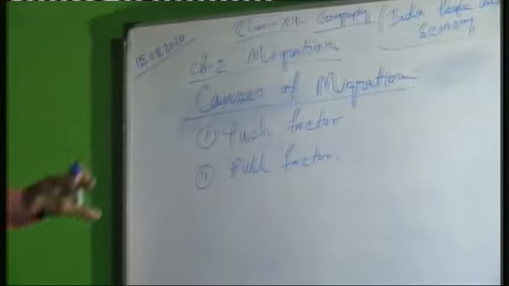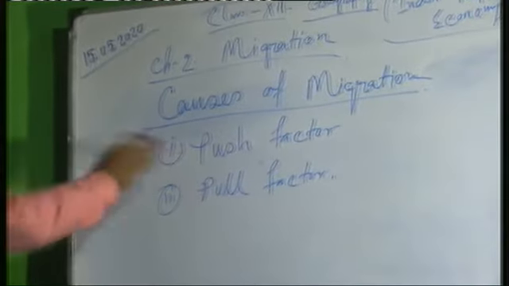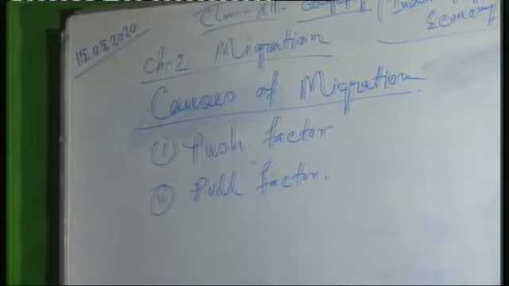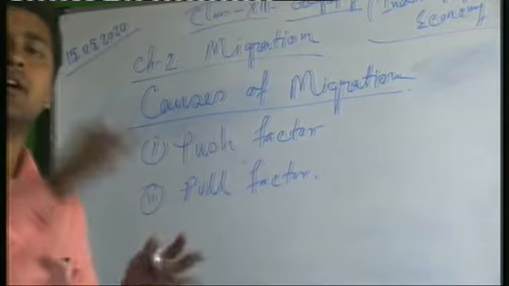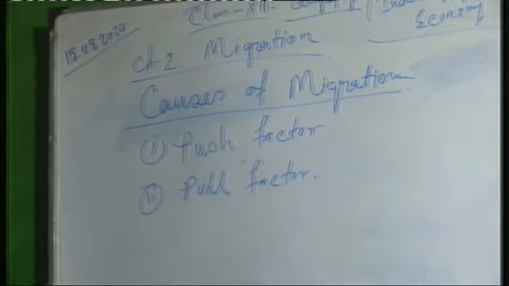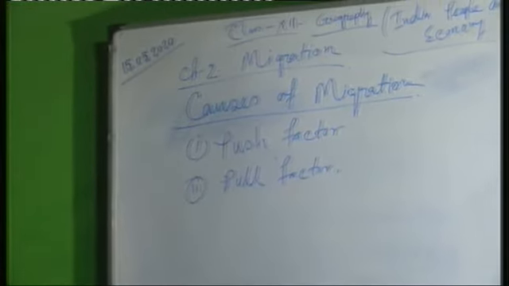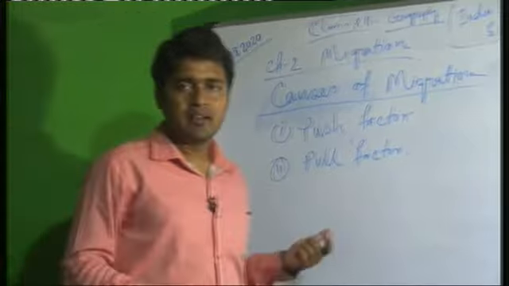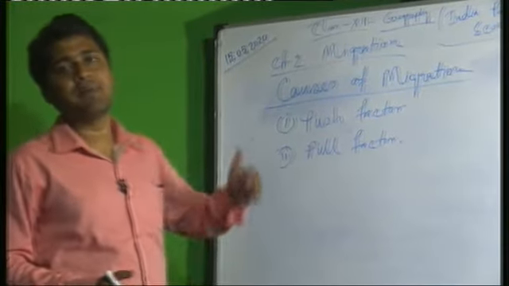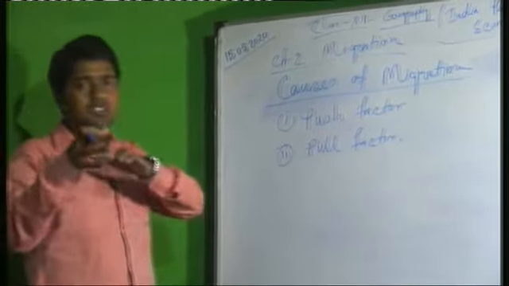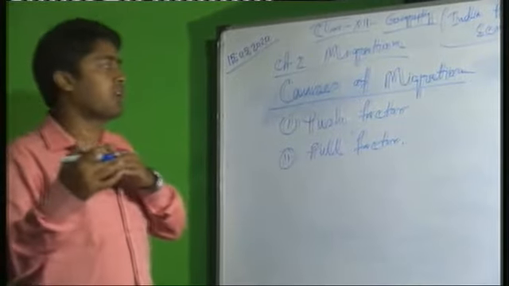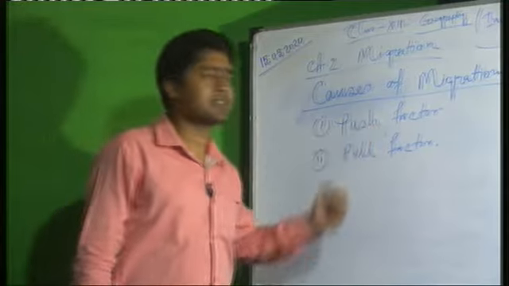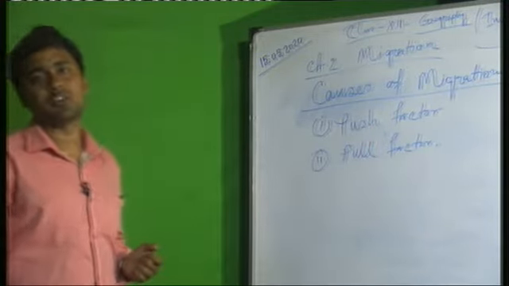From the beginning of the topic, spatial variation of migration, I told that some people shifted from UP, Bihar to Rajasthan, Gujarat, Maharashtra and Delhi, or Punjab and Haryana. So obviously there are some reasons, some causes. That's why people shifted from their own state to another state, or from their own place to another place. So two factors are very important for the causes of migration.